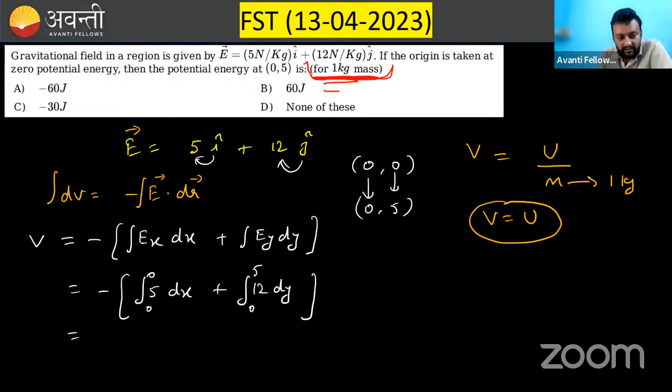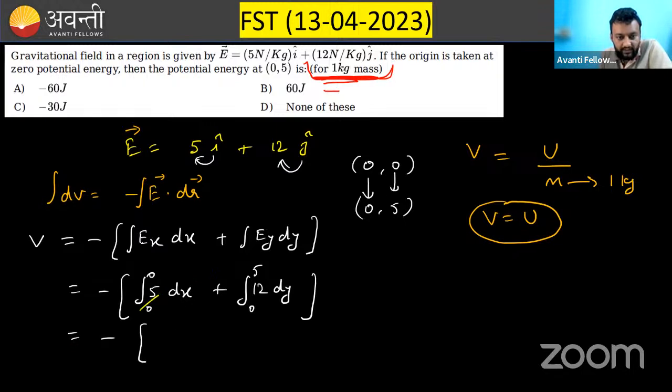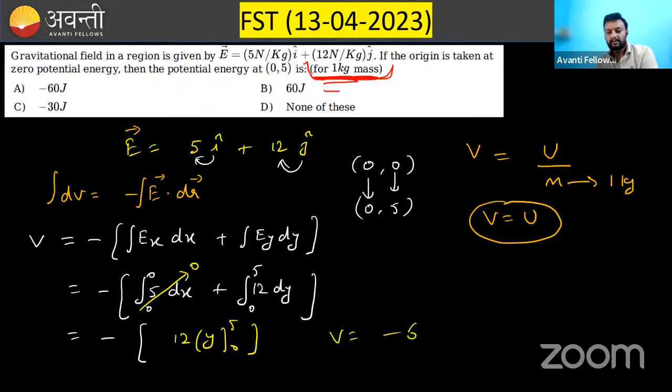Clear? Minus is already there. This whole term will become 0, because if we put the limits, it will become 0 minus 0. That is 0. Integration of 12 dy is 12 y. Limit is 0 to 5. Now, can you see that 12 into 5 is 60? So V is equals to minus 60.